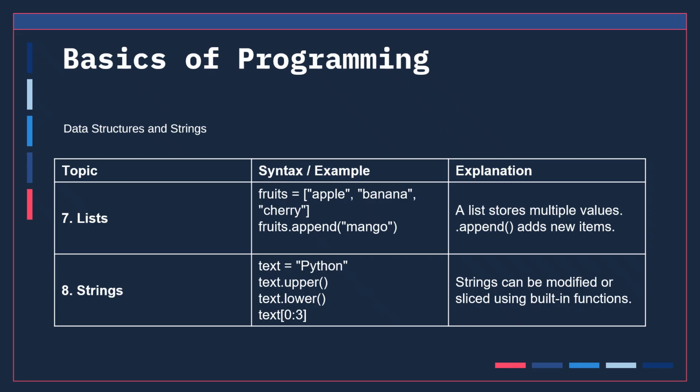And a string means a string can be modified or sliced using a built-in function. There are some built-in functions in Python. Which one is upper? This is uppercase, and lowercase, is text, and text[0:3] means slice the value. So text here is a variable name.